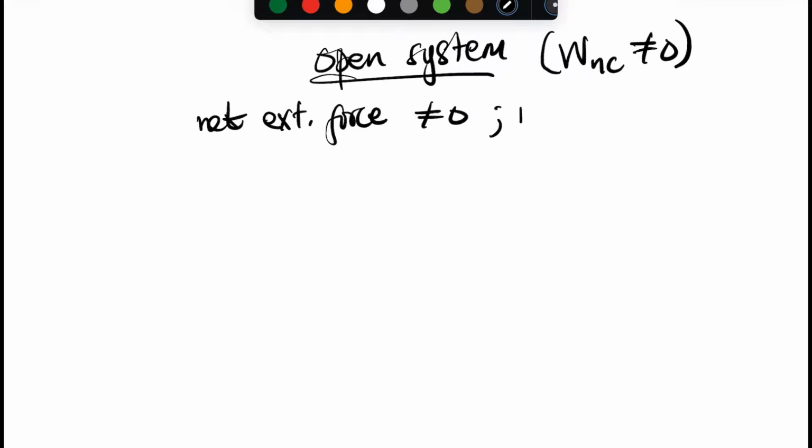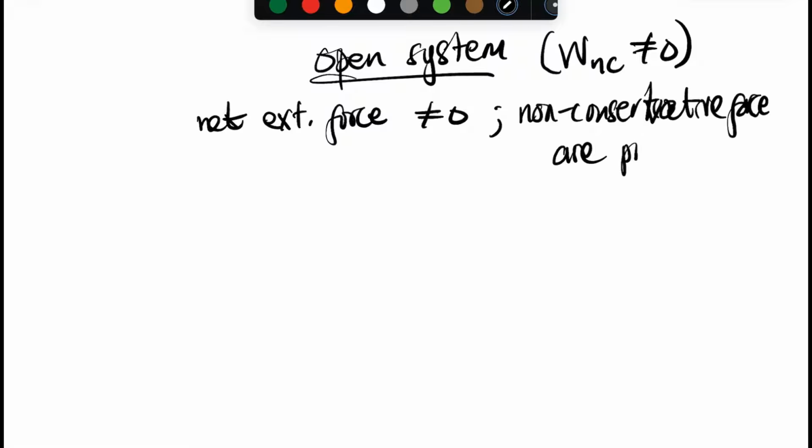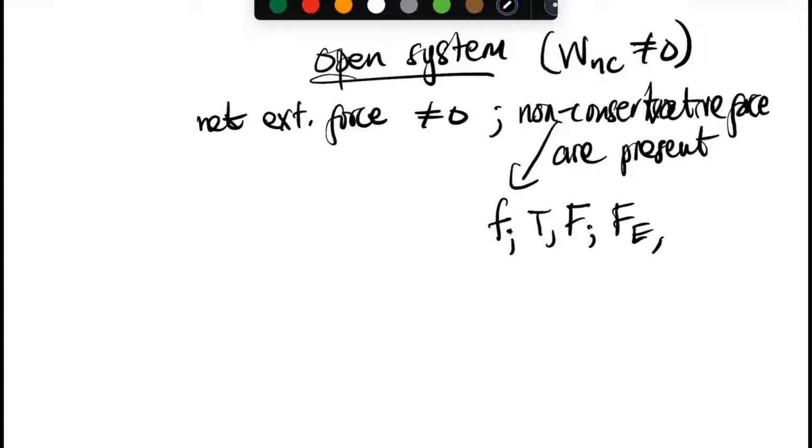That means the non-conservative forces are present. Which ones are the non-conservative forces? I've mentioned it's the friction, the tension, force applied, force of an engine, air resistance, and so forth. They are present. That means the system is open.